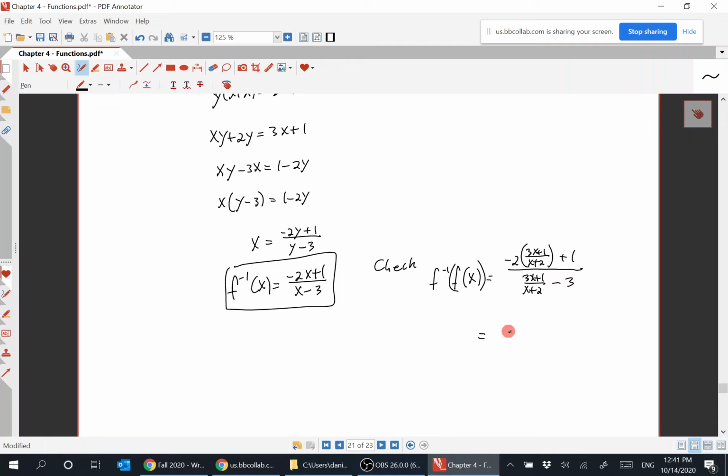What we need to do is multiply the minus 2 here.